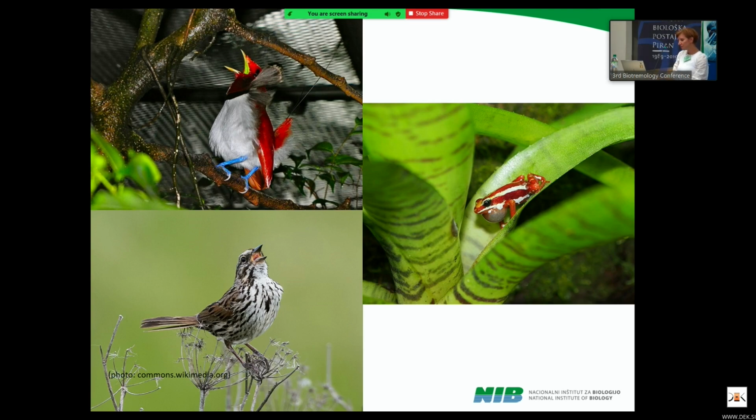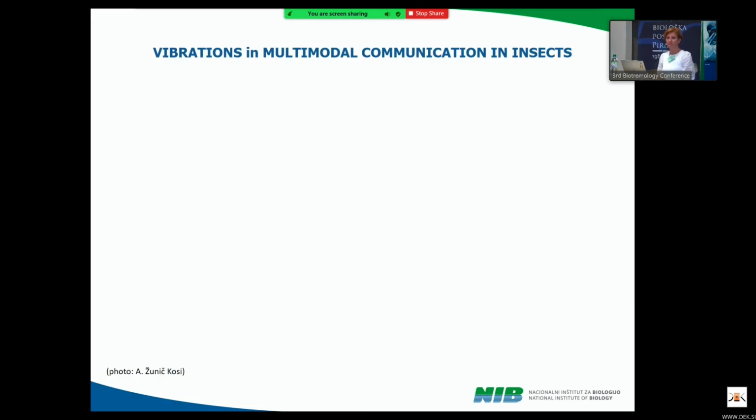And as was already shown in nice talks yesterday, the most conspicuous and most known and studied multimodal signals are probably the dances, the visual colorations, and singing of birds and frogs. And as already mentioned, from the arthropods, crustaceans and spiders are being extensively studied, but insects maybe less, still a little bit less.